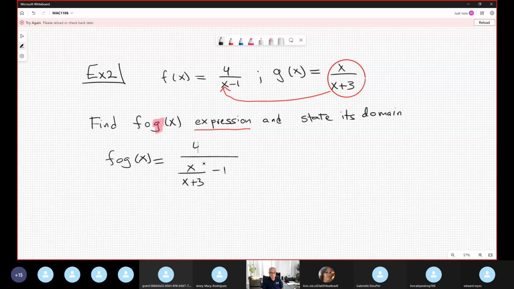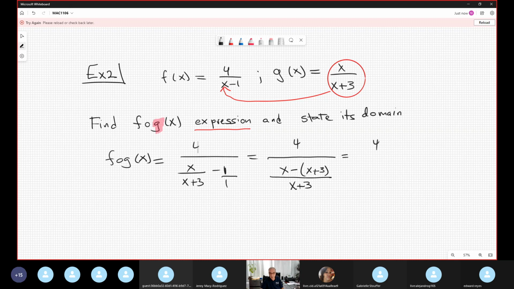Now I try, in an elegant way, to find the least common denominator. Obviously, this 1 is a whole number, and I suppose the denominator is 1 over 1, so x plus 3 is my least common denominator. We have x here, minus parentheses x plus 3. Makes sense in this transformation, right? Because once you spread, x over x plus 3 and minus x plus 3 divided by itself is negative.